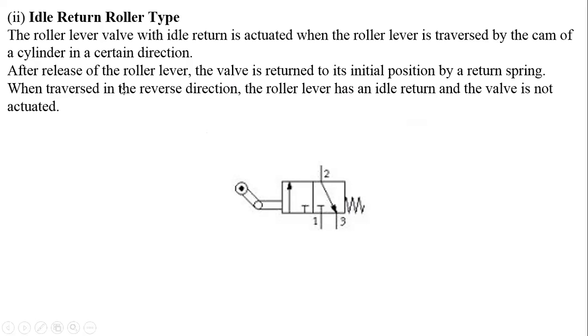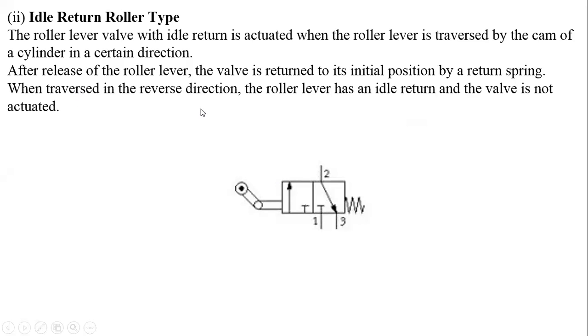It means cam surface is not in contact with the roller lever. When cam surface is touching the roller lever, it will be activated. And when it releases, then it will start the next stroke. After release of the roller lever, valve is returned to its initial position by return spring.